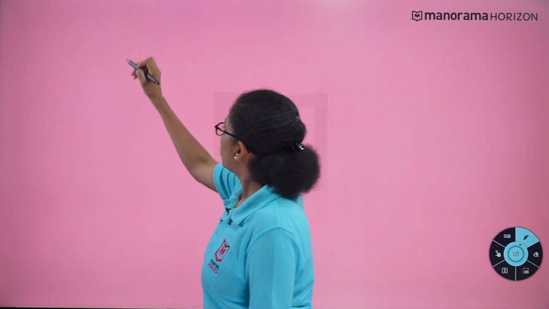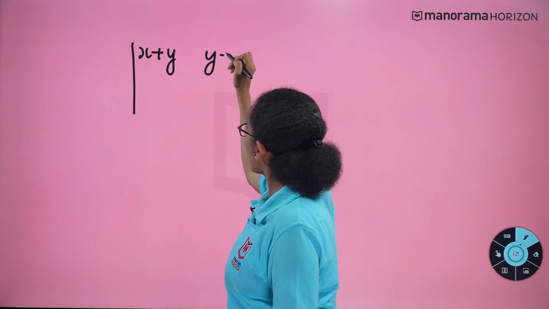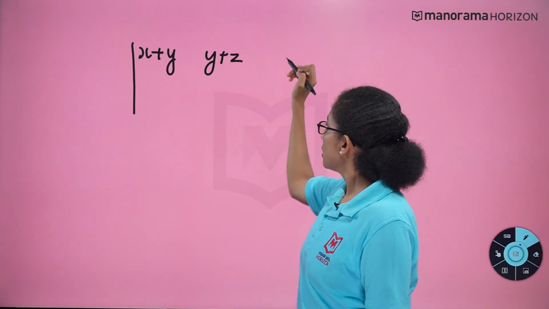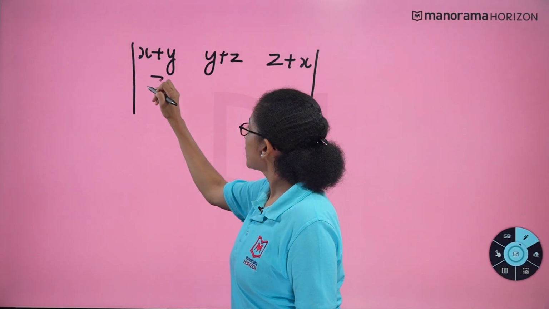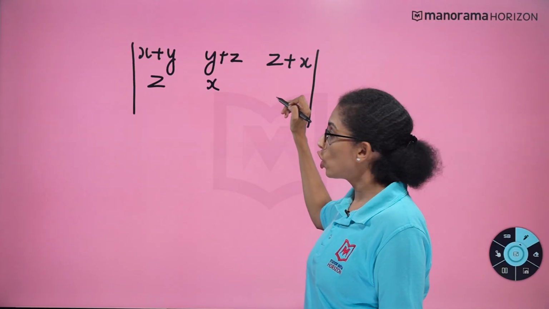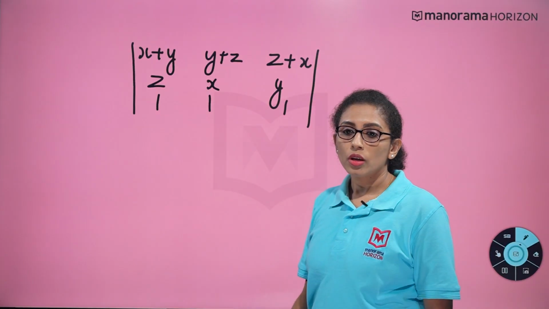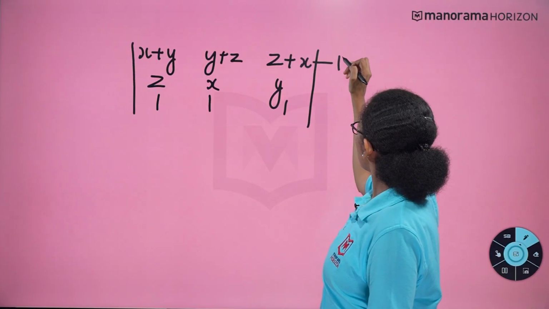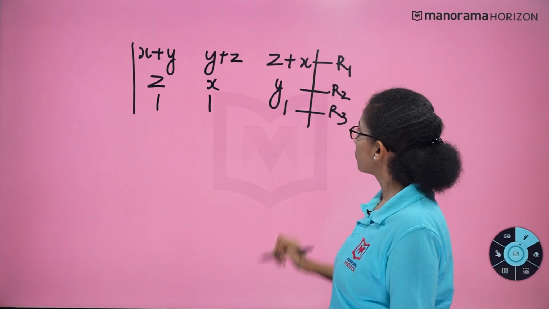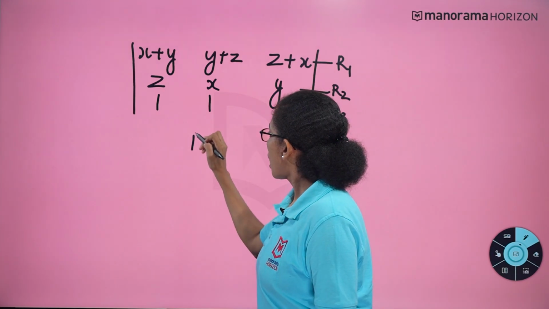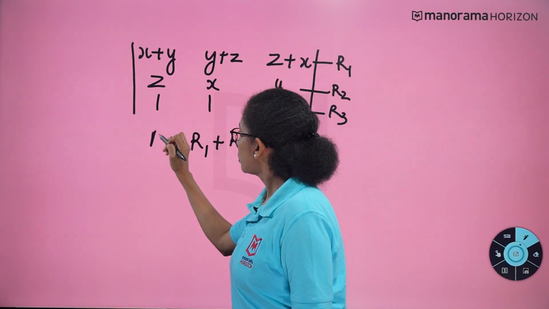Let's see one example. Determinant x plus y, y plus z, and z plus x. In the second row, z, x, and y. Last row 1, 1, 1. So here you can see this is our R1, this is our R2, and this is our R3. Now if I apply R1 plus R2, I am adding it to R1.